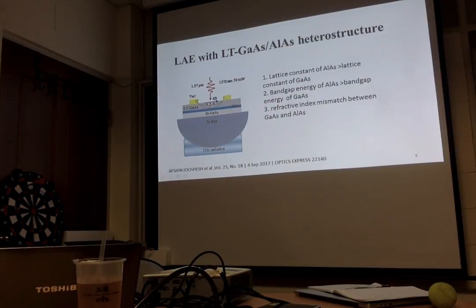Then we can use the MBE tool to deposit this specially designed LT gallium arsenide material. LT means low temperature grown. Some people will say LTG. Okay, LTG gallium arsenide. So this is the reason we want to have it.